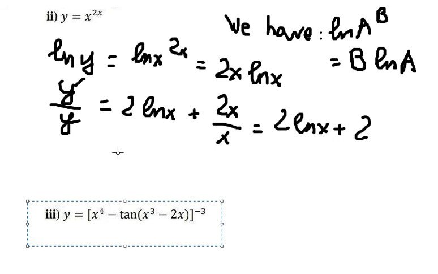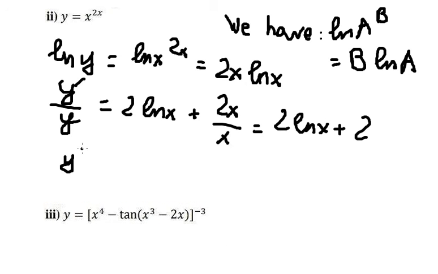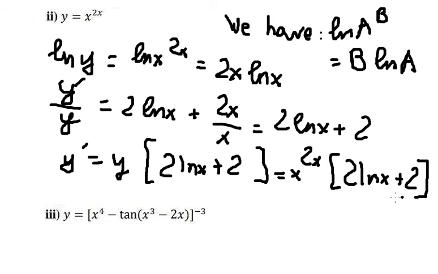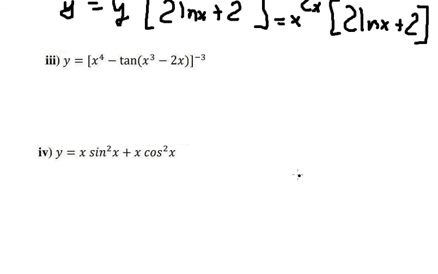Because we want to find the first derivative of y, we multiply both sides by y in here. And we know that y is s to the power of 2s. And this is the final answer.